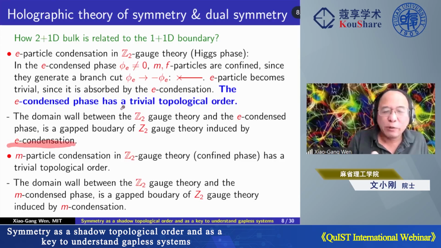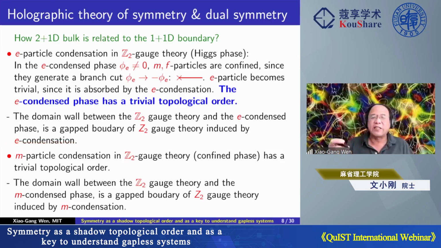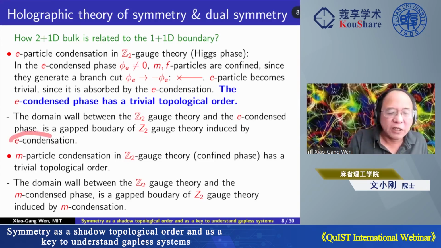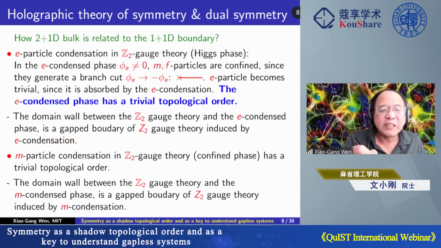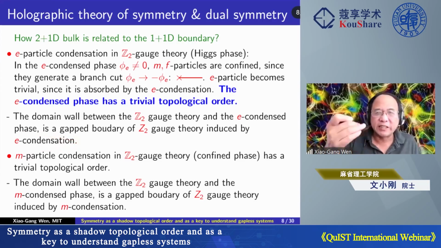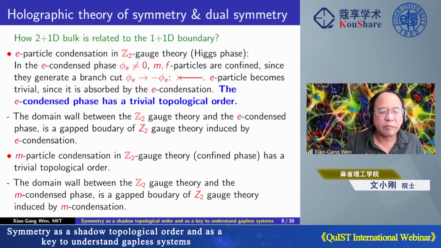So I'm using this picture to introduce the notion that the boundary of this topological order to the vacuum, to the trivial state, can be viewed as condensation of some particle in a topological order. Okay. In this example, it's an E condensation, like Higgs condensation.